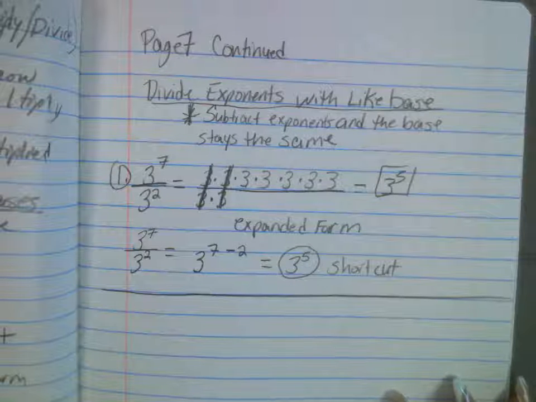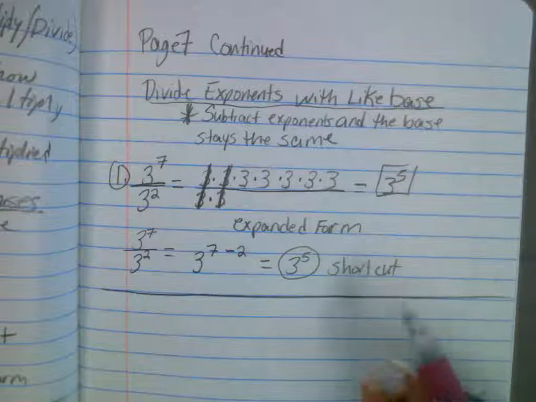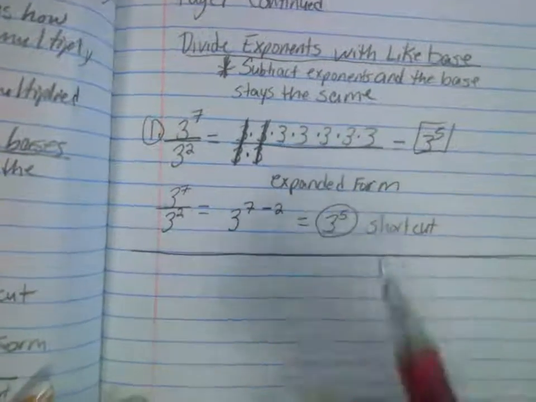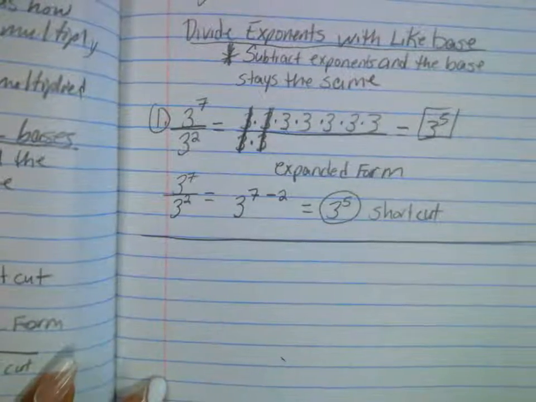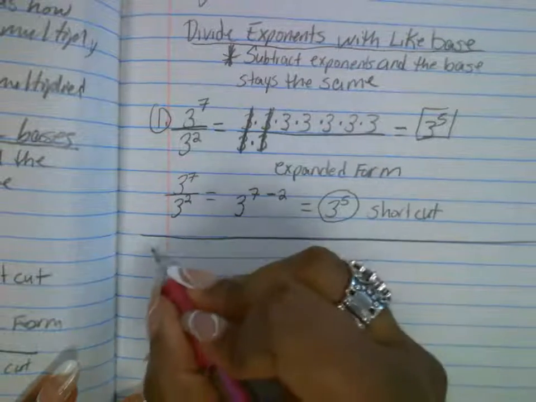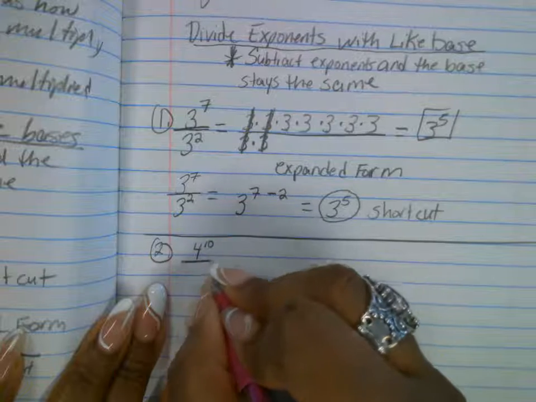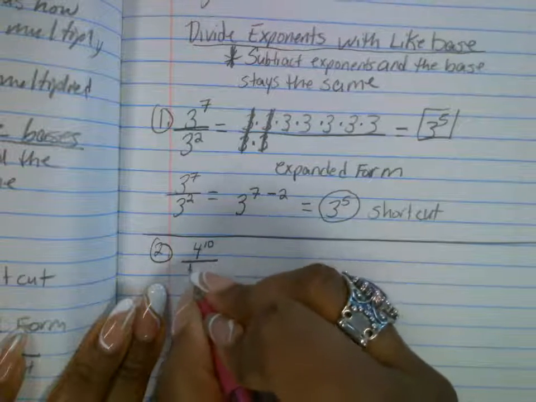All right. Let's do a second one. You have 4 to the 10th power divided by 4 to the 6th power.